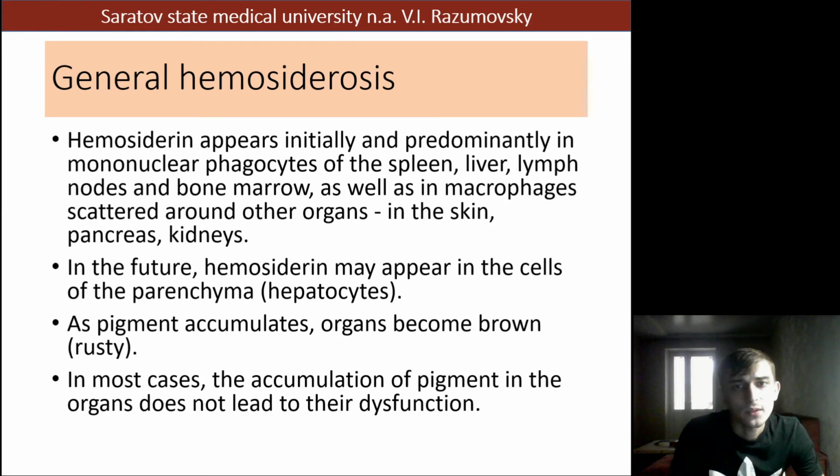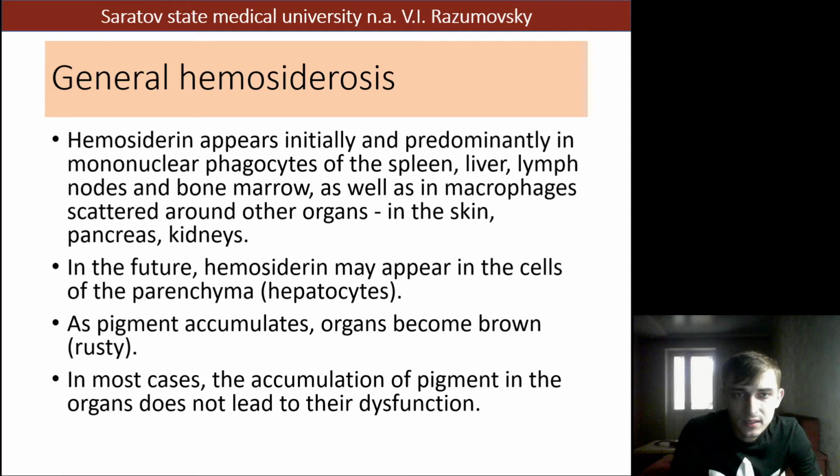General hemosiderosis associated with hemosiderin appears initially and predominantly in mononuclear phagocytes of the spleen, liver, lymph nodes, and bone marrow, as well as in macrophages of structures around other organs, in the skin, pancreas, and kidneys.